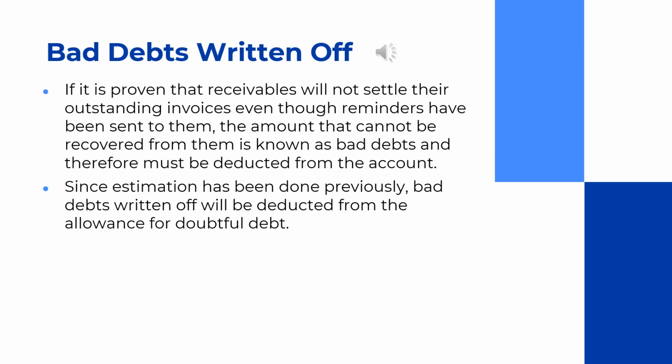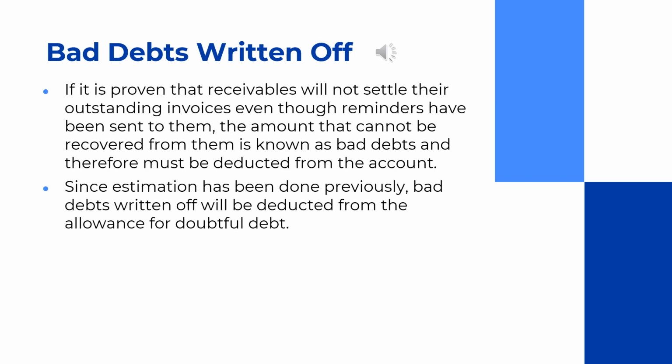To recap from the prior section, the allowance method is where the business sets aside some percentage in order to set off the probable amount of accounts receivable that is unable to be settled.